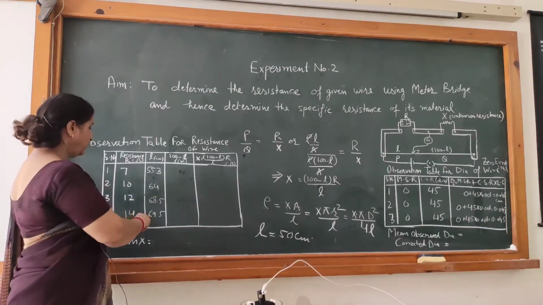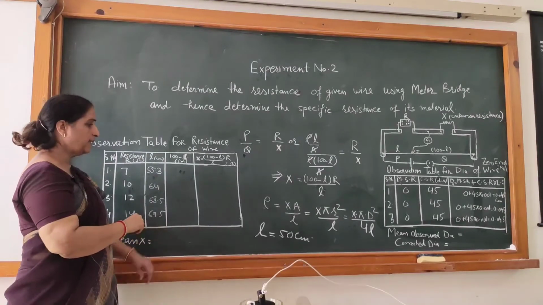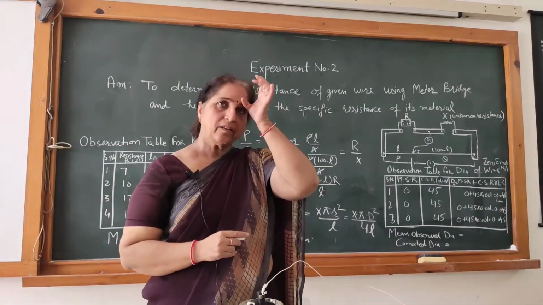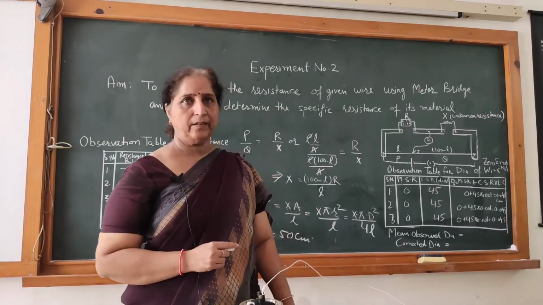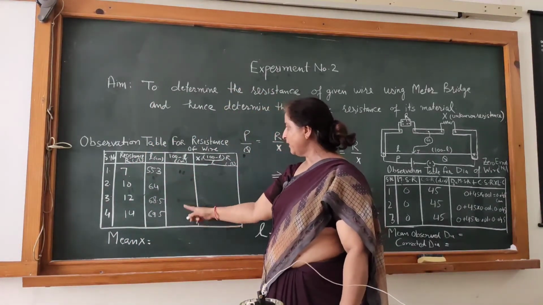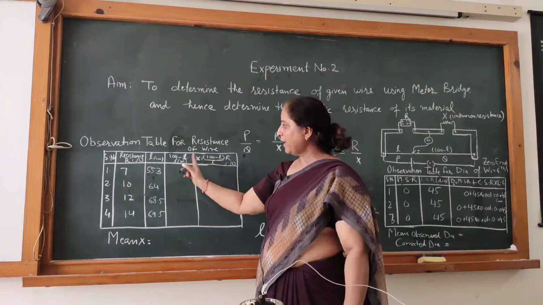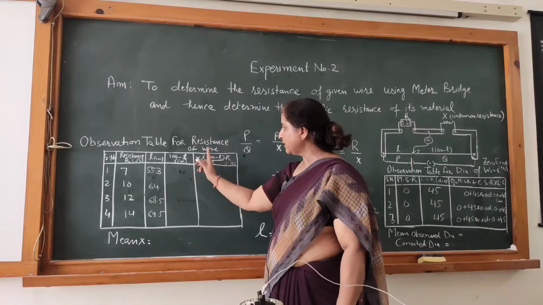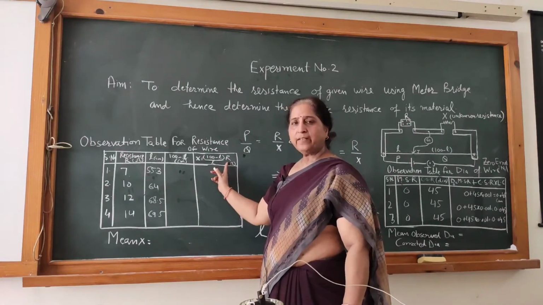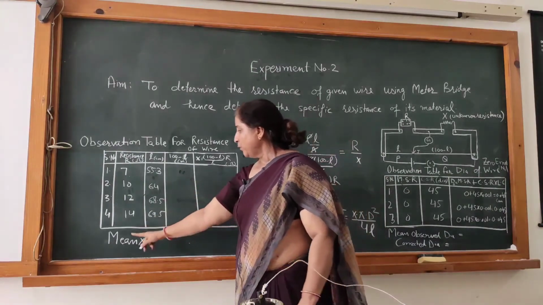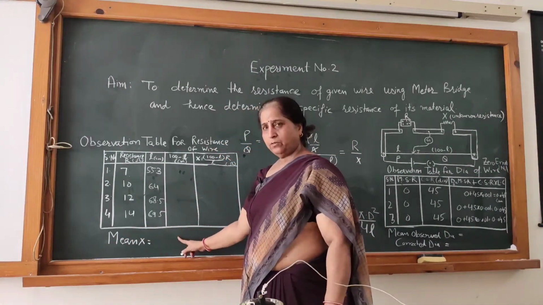And when 14 ohm is introduced, then 69.5 is the length of the wire where you get the null point. If L is known, then 100 minus L you can calculate, and with the values of R, L and 100 minus L known, from this formula you can calculate the value of X. Then you can find out the mean X also.